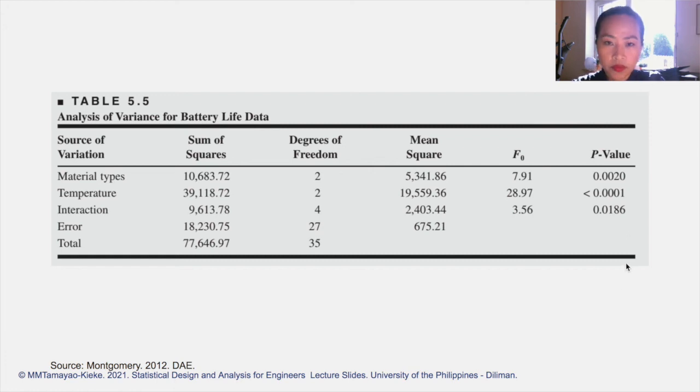Therefore we can conclude that our data do not support the null hypothesis.